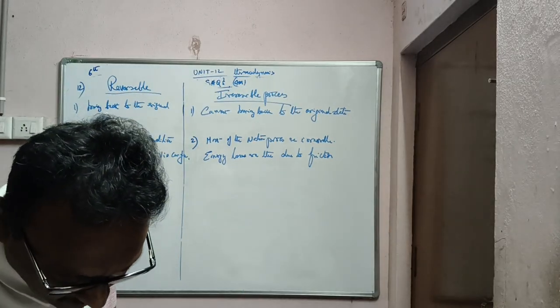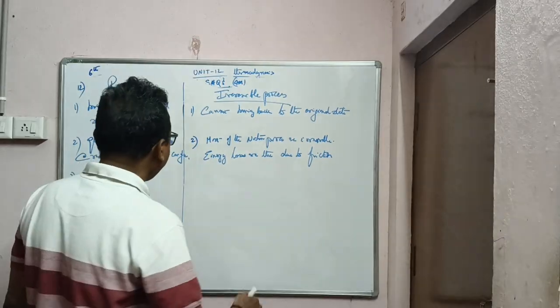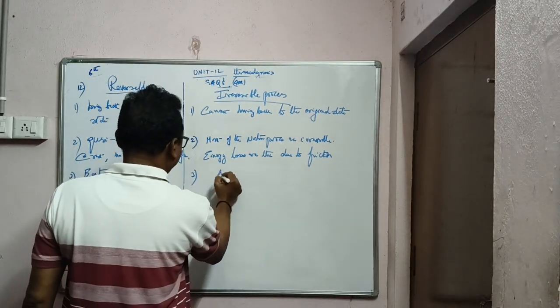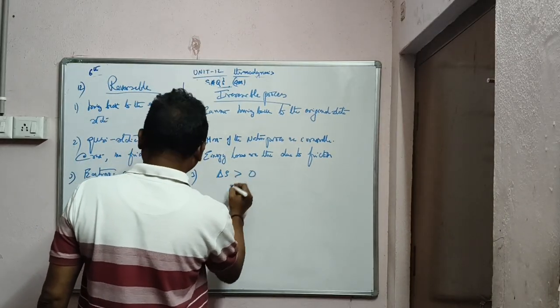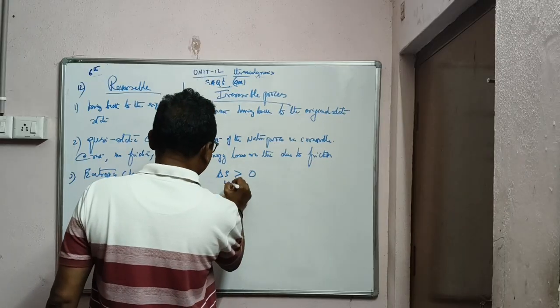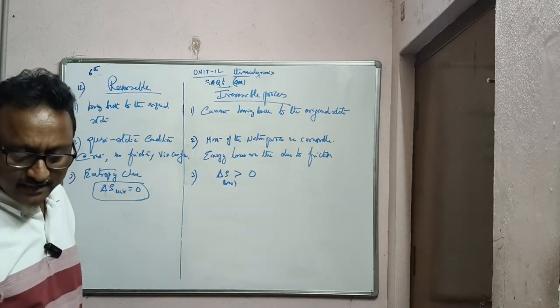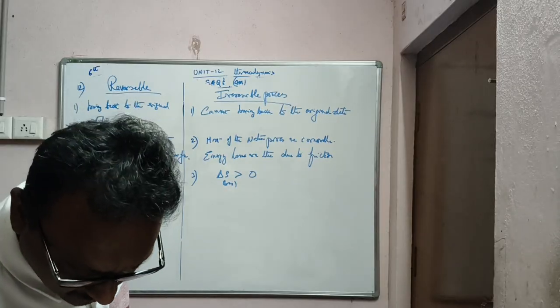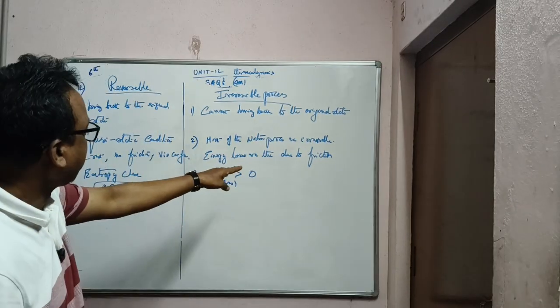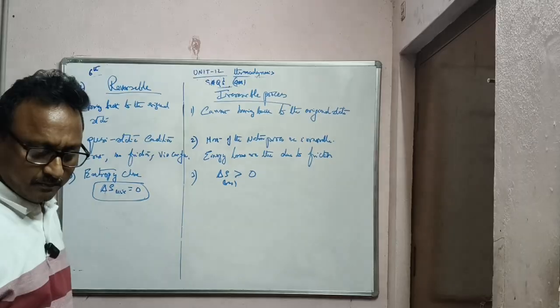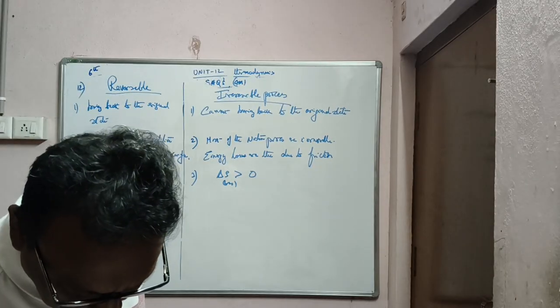Okay, then in the next point you can take it as entropy, delta S is greater than 0. Delta S entropy, that is degree of disorder. For irreversible, and this is equal to 0 for reversible, degree of disorder.